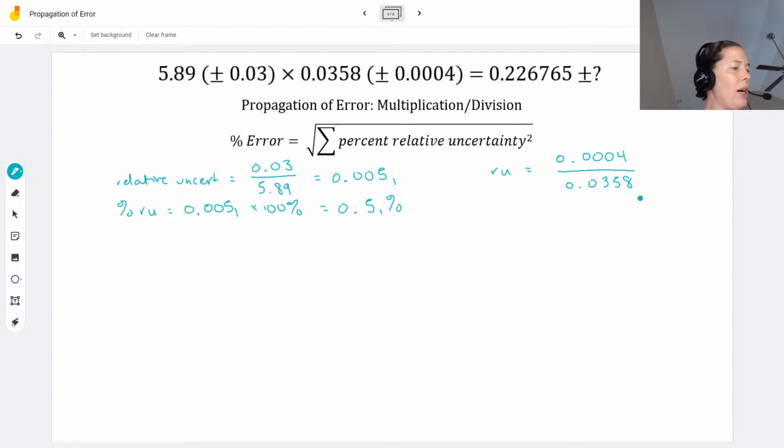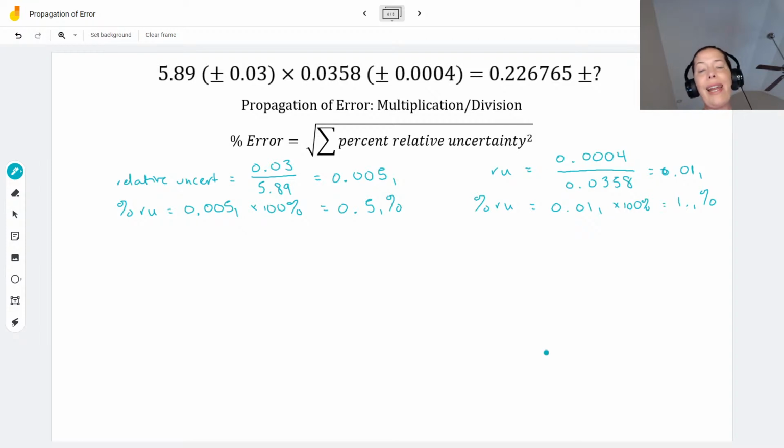Okay, so I have done this calculation, and this gives me 0.011, again with my subscript there. And I need to convert that now to a percent. Oh, sorry, this was just relative uncertainty. I think I said percent. That is not right. I'm getting ready to calculate percent. So times 100%, and that gives me a 1.1, again subscripted 1, % relative uncertainty.